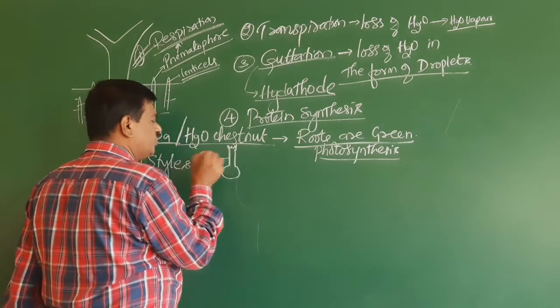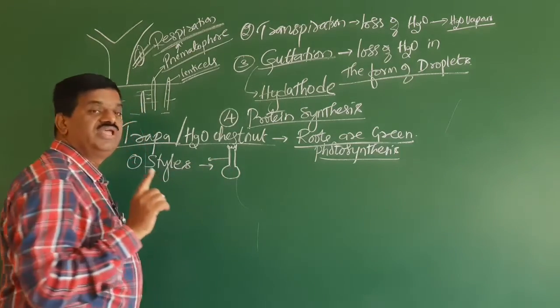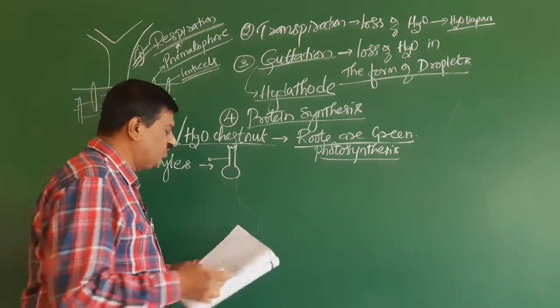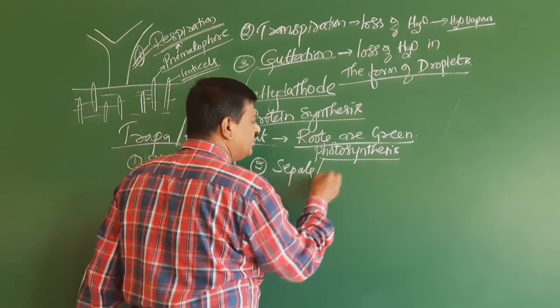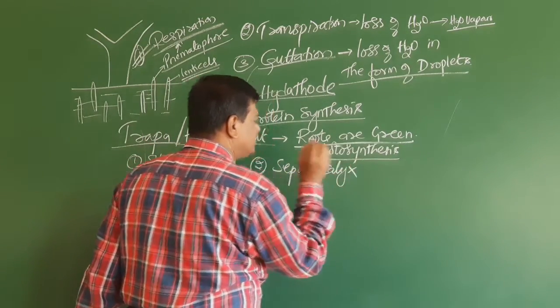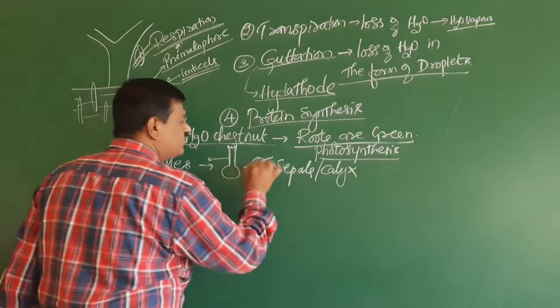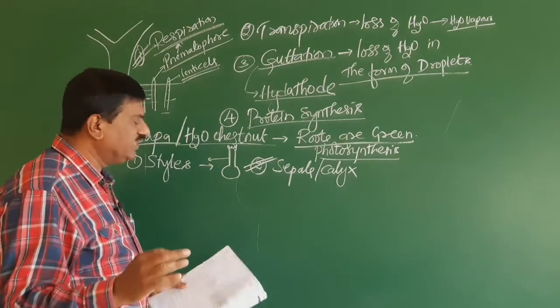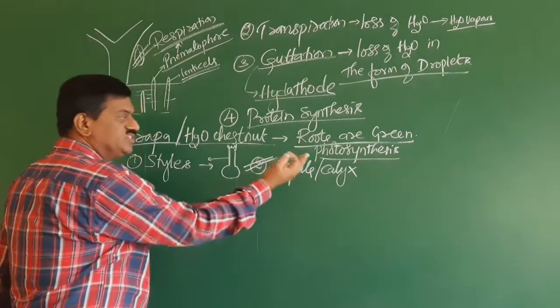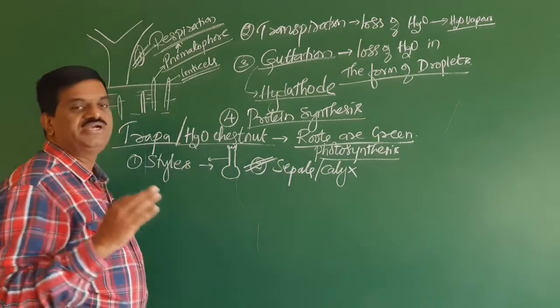This is the style, but it is not the answer. The second option is sepals. Sepals are nothing but the calyx. This is the right answer, because the sepals, or calyx, are modified into spines in Trapa.